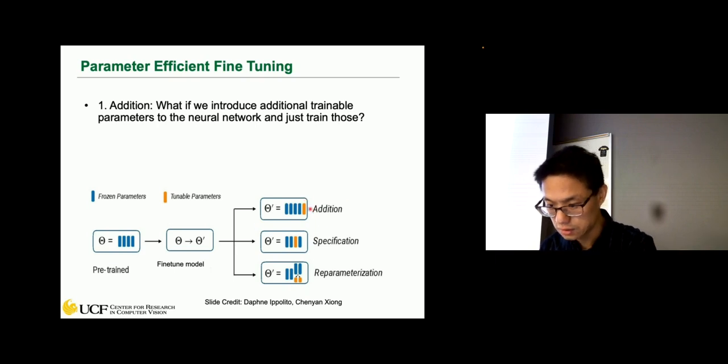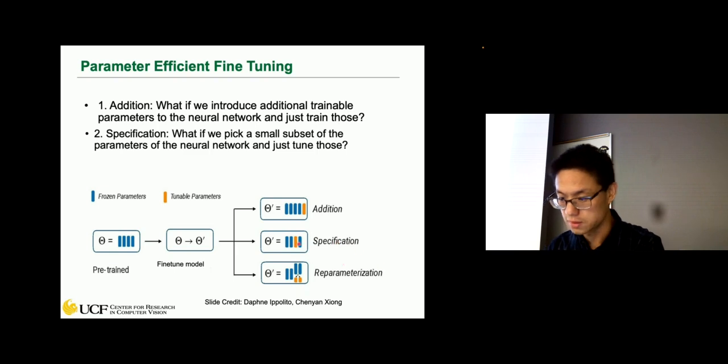That's the addition. You can also do specification, which means selecting specific layers you want to fine-tune. We talked about this in the CNN: maybe you can fine-tune only the last 2 or 3 layers to adjust the feature representation.